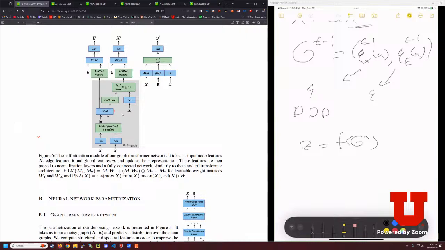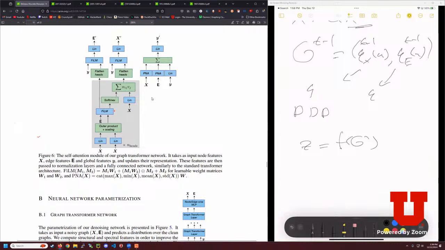And then the Q vector is dot-producted with the key vector across all the neighboring nodes, as well as itself? Yes. And then you do the weighted aggregation. Okay. Yeah, looks like there could be a lot of tweaks here.